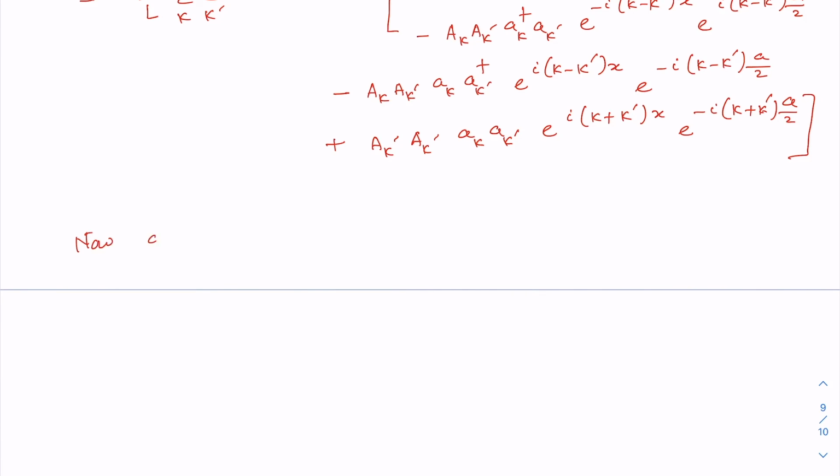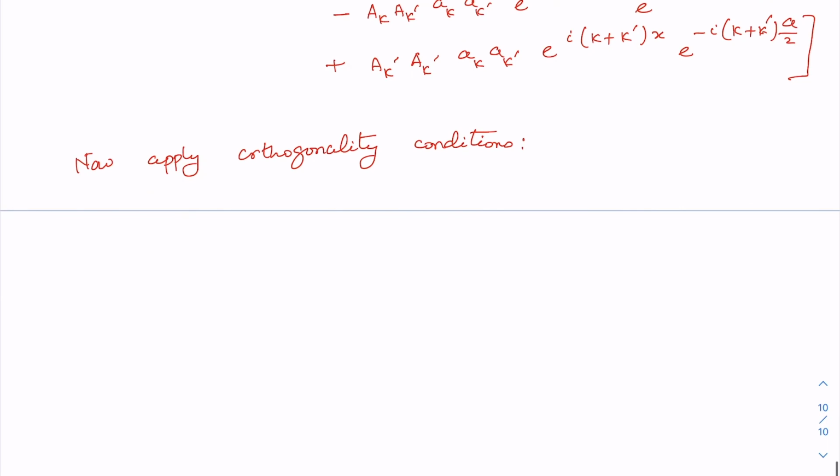Now apply the orthogonality condition, as we discussed earlier. So if I do that, you have to sum over n, phi n minus 1 minus phi n whole square by 2l.